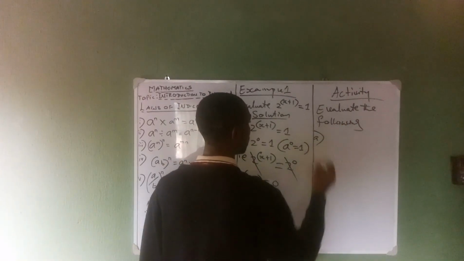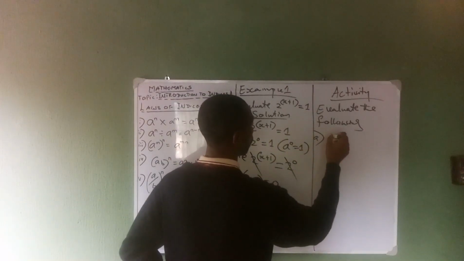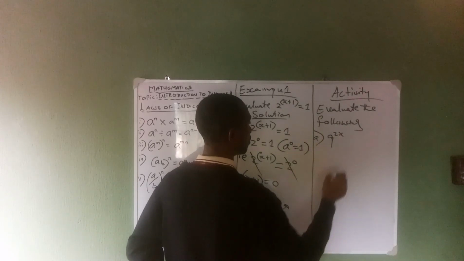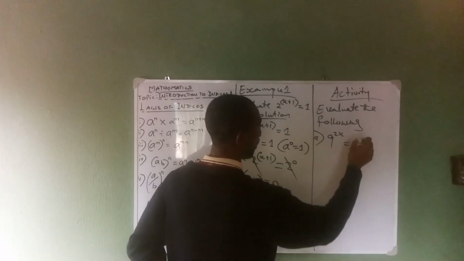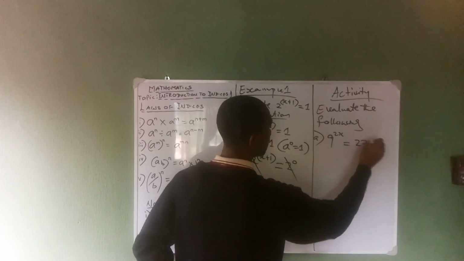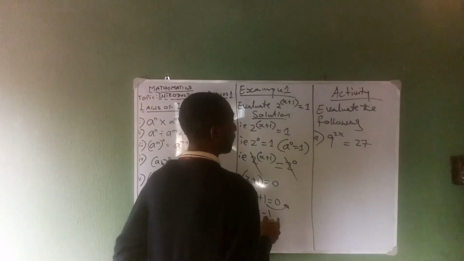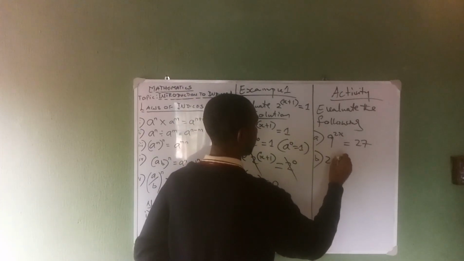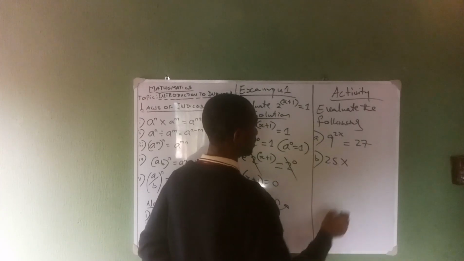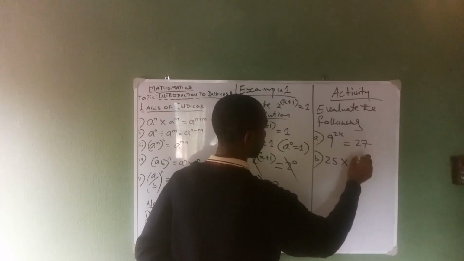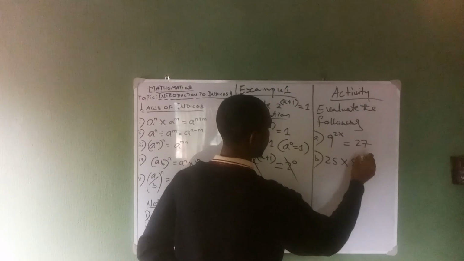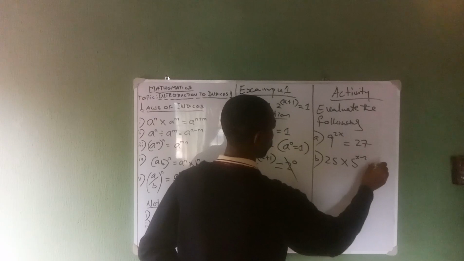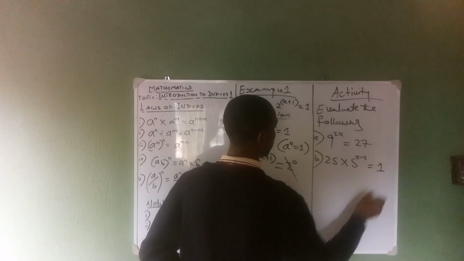You have A: 9^(2x) = 27. B: 25 times 5^(x−2) = 1.